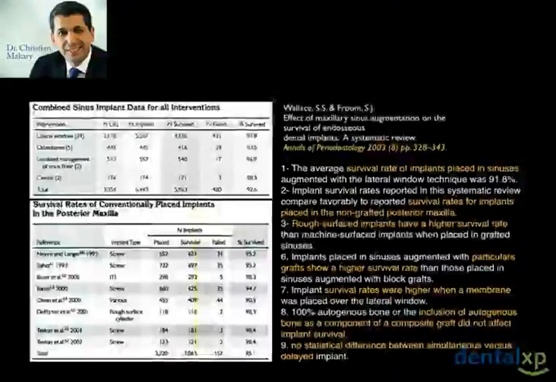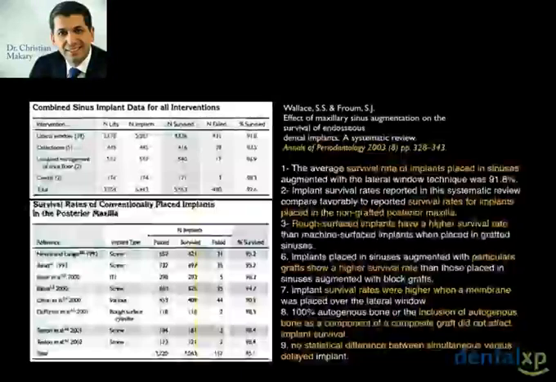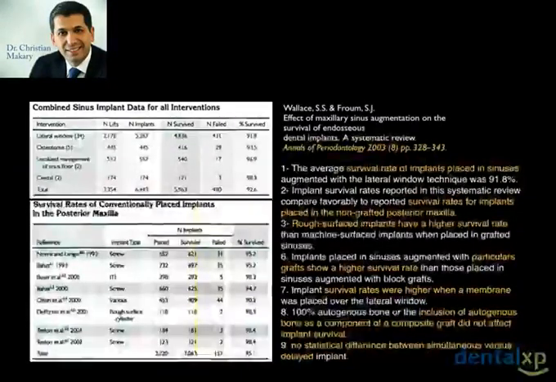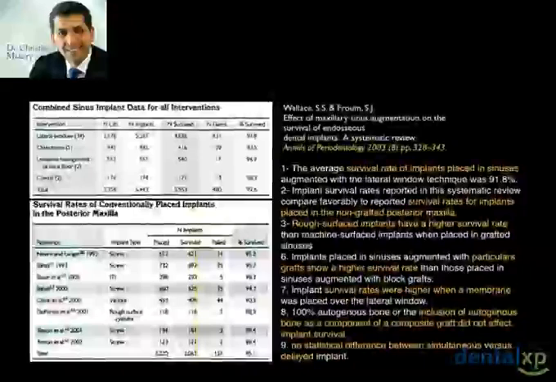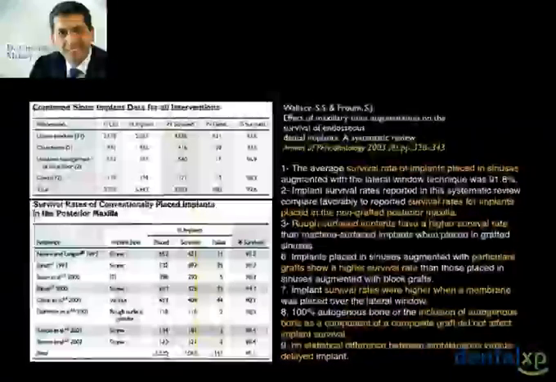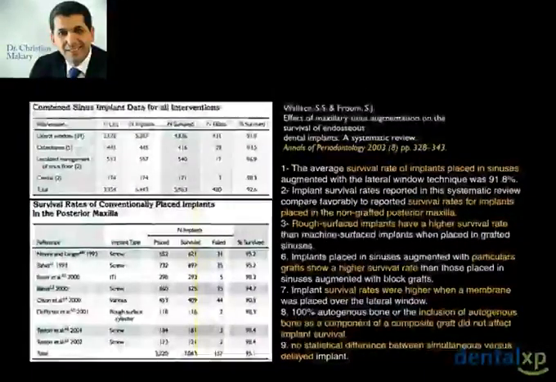Another thing that is important to notice is that this review showed that particulate grafts showed higher survival rates than implants placed into block grafts. This is why we recommend, and this is what I do clinically, to use particulate bone graft like the xenograft or the beta tricalcium phosphate or the allografts.